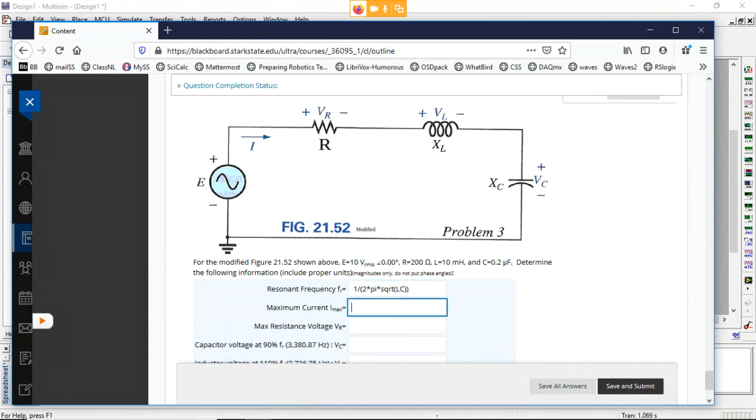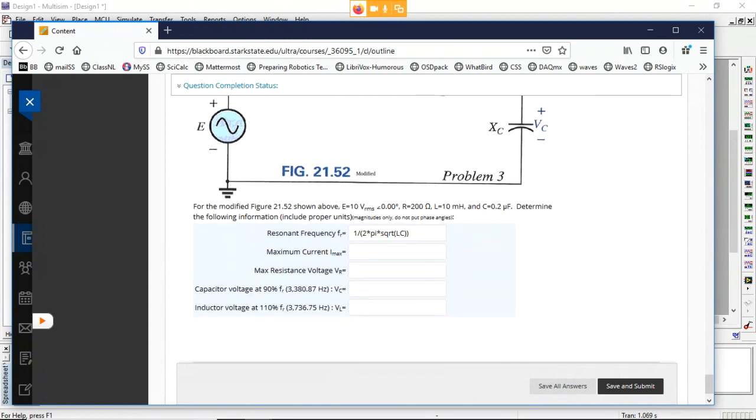At resonant frequency, X_L and X_C cancel each other out. So the max current is the source voltage divided by R, because these two are effectively not there. So it's just E divided by R that gives you your maximum current. Maximum resistance voltage, well, E, whatever E is.